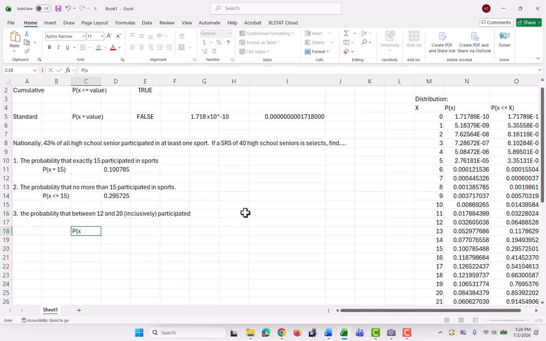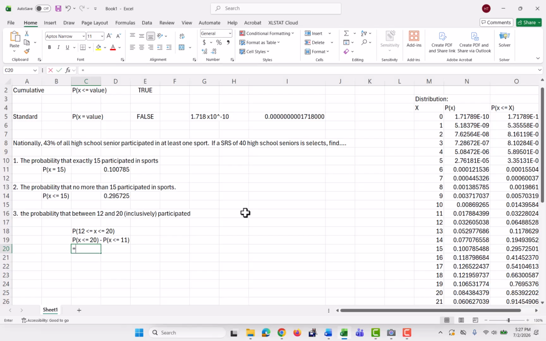So that's the probability that 12 is less than or equal to x is less than or equal to 20. Now to make this work in the calculator, we have to have everything as less than or equal to. So the less than or equal to 20 is fine. What we're going to subtract out, though, is what's less than or equal to 11, because the 12 stays in the probability.